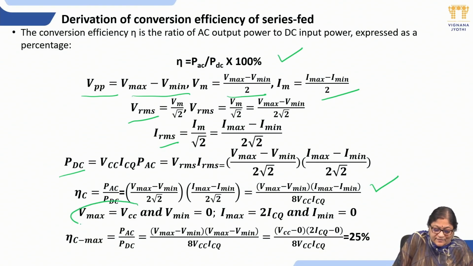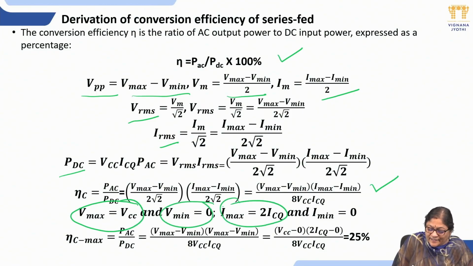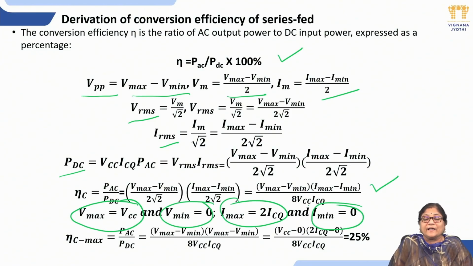Now I am substituting these values. What are V max, V minimum, I max, I minimum from the load line, taking the maximum excursions the input signal can take, produced as VCQ and ICQ. The maximum value will be VCC. So substituting VCC into ICQ, it becomes 25%.